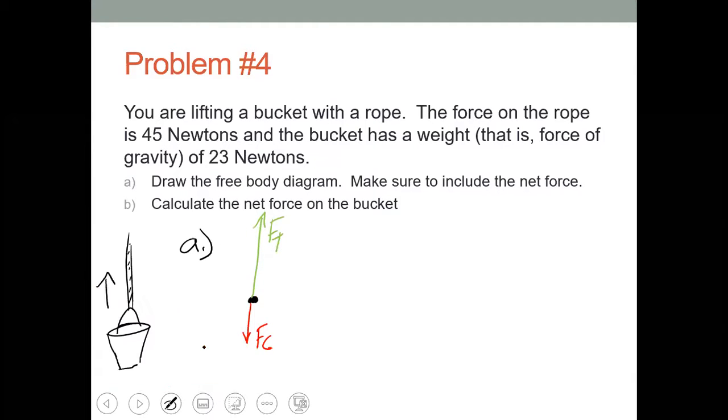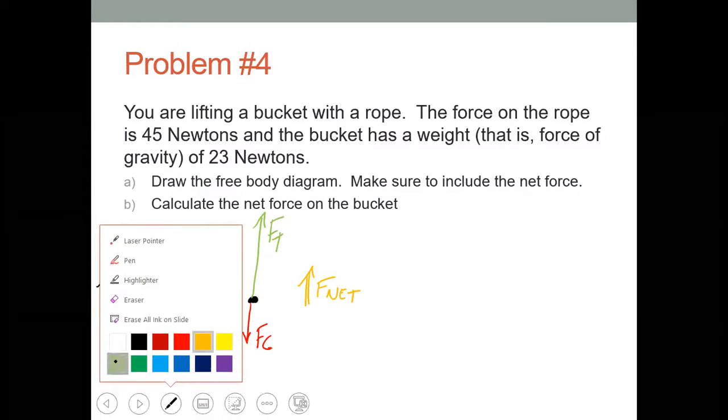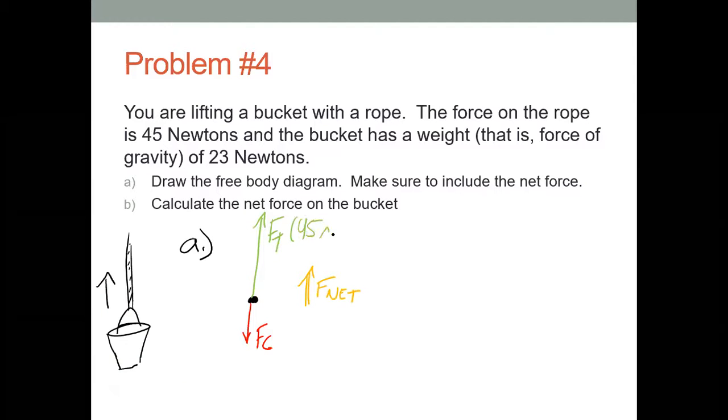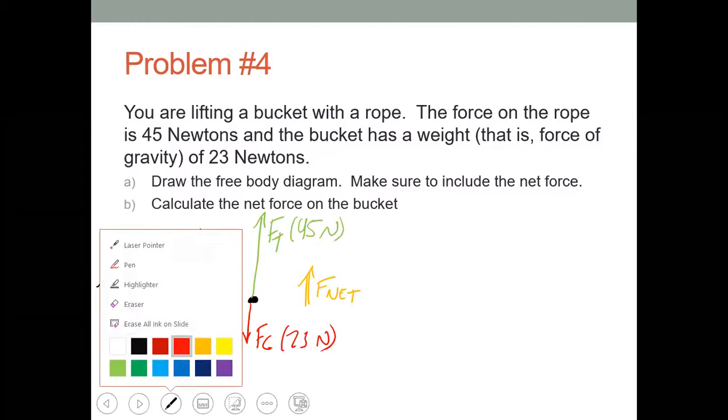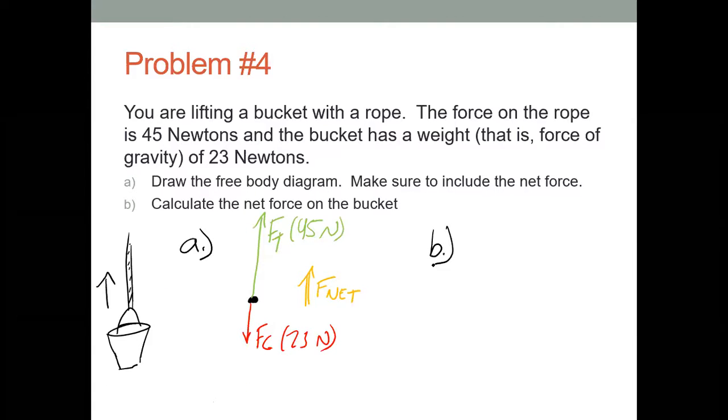And then to make a complete free body diagram, I will include the net force. And this is saying that my tension is 45 newtons. It's saying that my gravity is 23 newtons. So you should then be able to find the net force. Net force should be the upward force minus the downward force. So 22, I think.